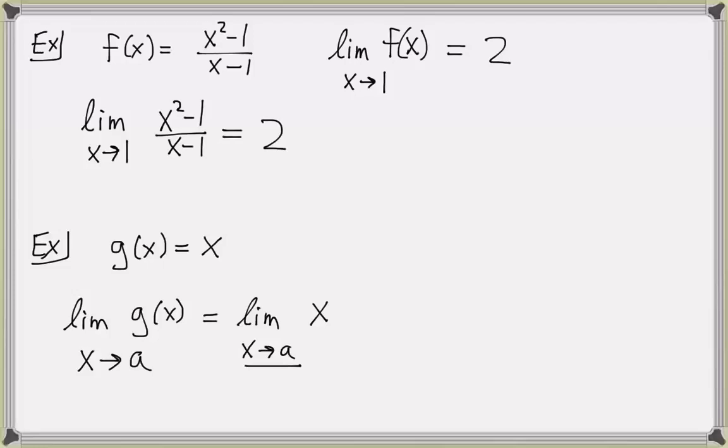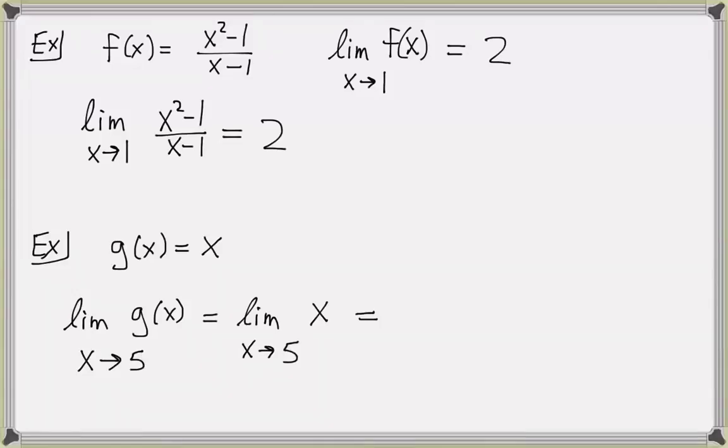Well, clearly, as x gets closer and closer to a, x will get closer and closer to a. So the answer to this limit question would have to equal the number a, no matter what a is. For any real number a, the limit of x as x approaches a would have to equal a. So I can substitute any number in for a that I'd like.